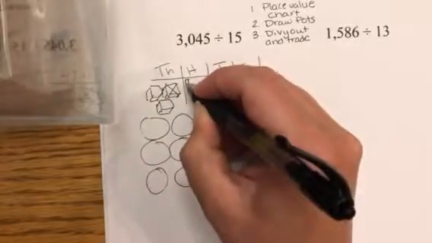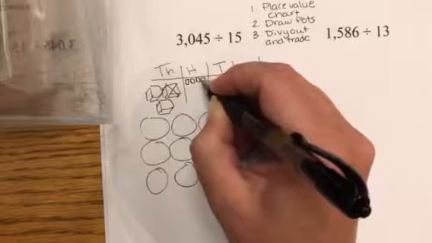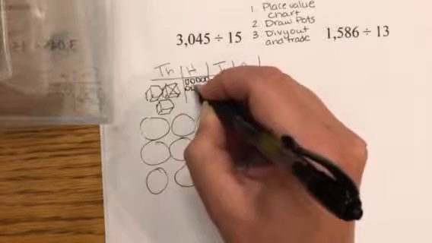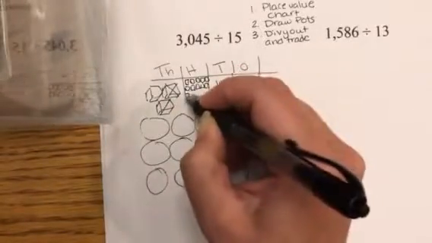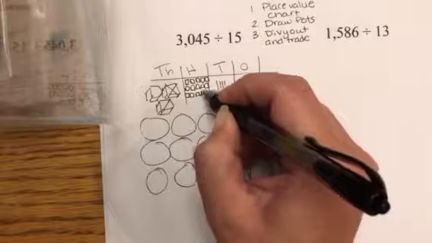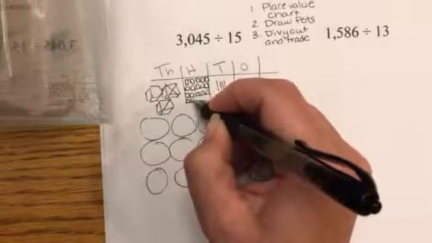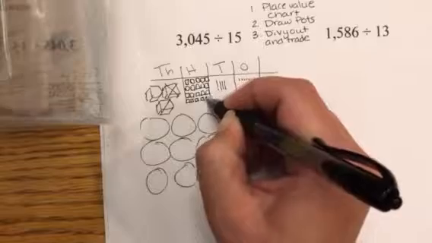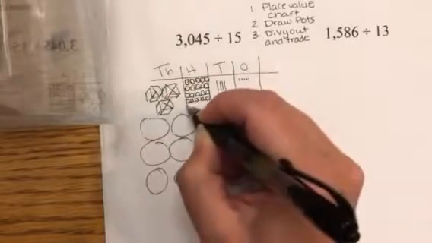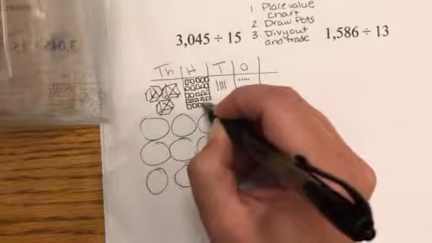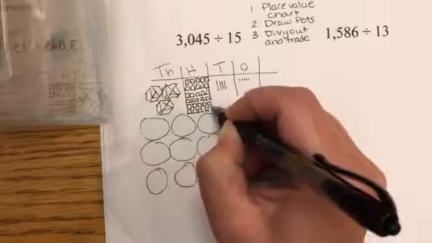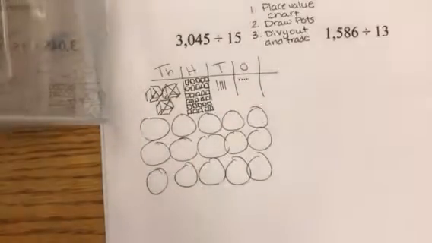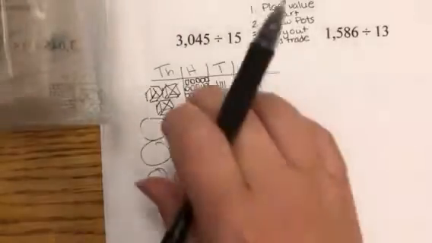So I have to trade these for 10, trade these for 10, and trade this one for 10. Okay, I got 15 pots. How many do I have? 10, 20, 30. 15 pots and 30 hundreds.